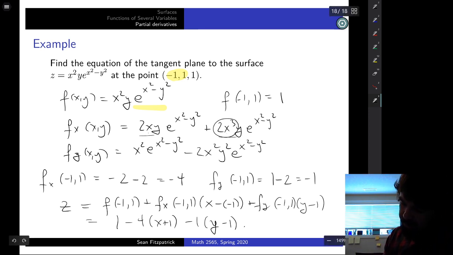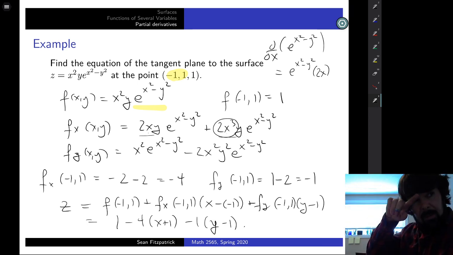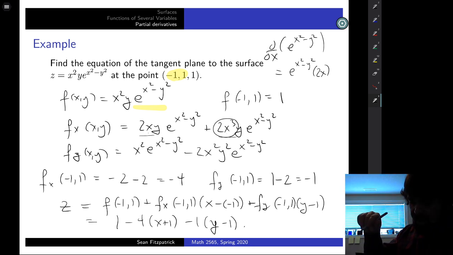The x cubed comes from the fact that when I take the x derivative of e to the x squared minus y squared, I get e to the x squared minus y squared times 2x, because 2x is the derivative with respect to x of the x squared minus y squared. And then the 2x times the x squared y, 2x times x squared does give me 2x cubed.